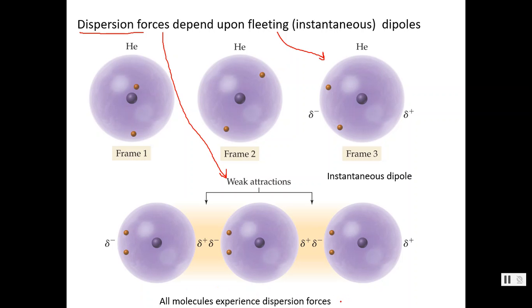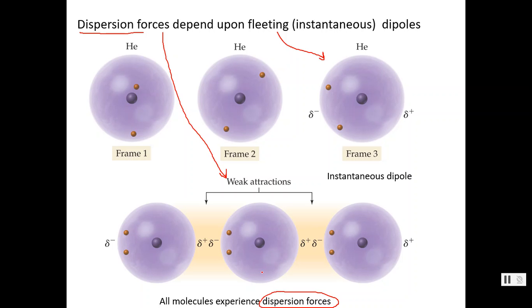So I tell my students when doing problems with this chapter, if I give you a molecule and I ask you what intermolecular force is present, you can always say dispersion forces because they're present in all molecules. Now, the strength of a dispersion force in a molecule may be stronger in one than another. We'll talk about that in the next video.